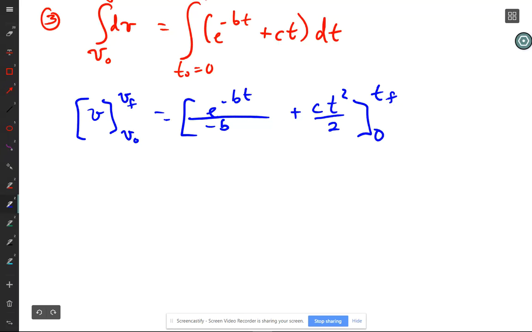Now I have to put in the limits. I brought the minus that was in the denominator out in front.